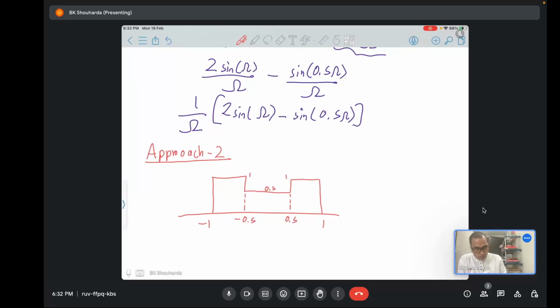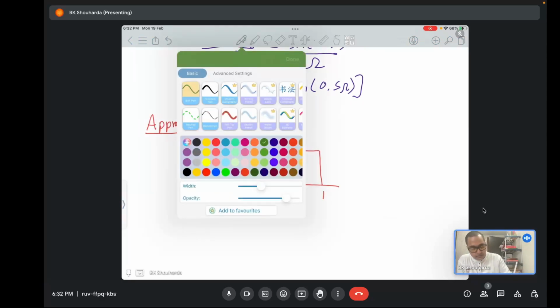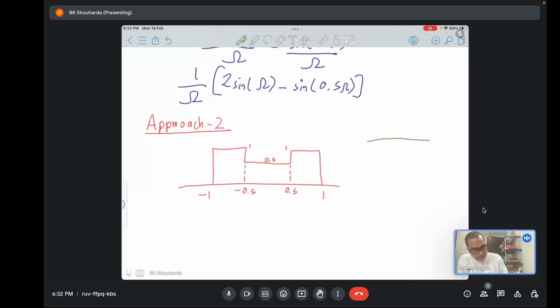Alright, so let me try to write this signal in terms of the unit step function. So what is a unit step function? The unit step function u(t) is 0 over here and 1 over here. Okay, 0 and 1. So now how will I write this in terms of unit step function? Okay, a few preliminaries.